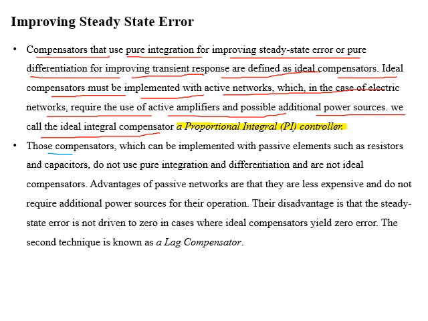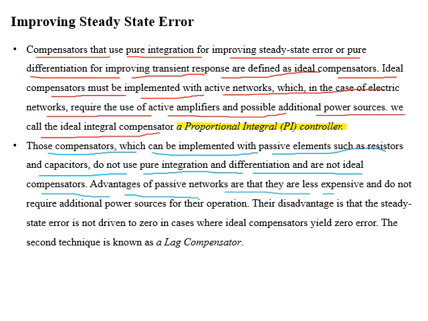Students, on the other hand, those compensators which can be implemented with passive elements such as resistors and capacitors and don't require pure integration or differentiation are not ideal compensators. The advantage of using passive networks is that they are less expensive and do not require additional power sources for their operation.